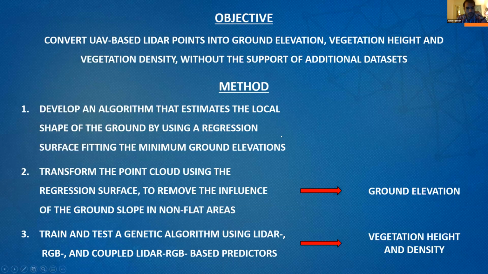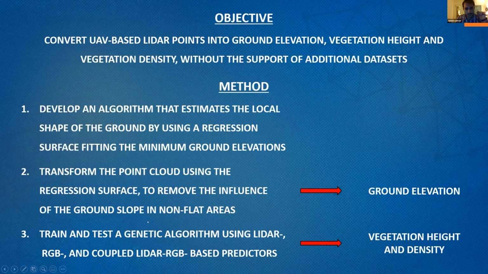The method is based on three steps. The first thing I did was develop an algorithm to estimate the local shape of the ground using a regression surface. Then I transformed the point cloud using the regression surface to remove the influence of the ground slope on the non-flat areas. After that, I used the transformed point cloud to calculate the ground elevation.